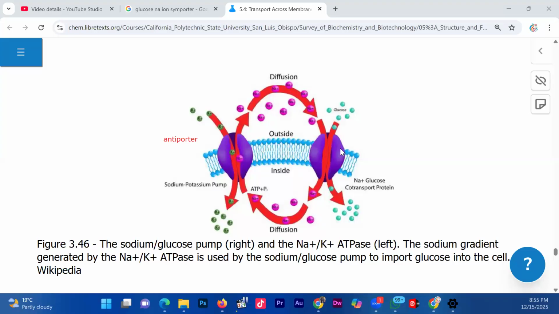So this one here is a sodium ion glucose co-transport protein, or it is a type of what we call a symporter.